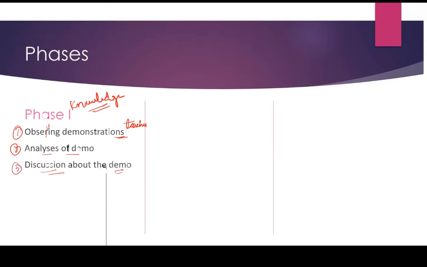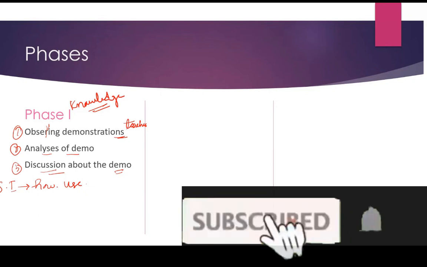For example, if as a teacher I teach you the skill of set induction, then I will give you a demonstration of how to use set induction, and there are components, and how to use those components, right? And you are observing and analyzing how the teacher gives the demonstration.